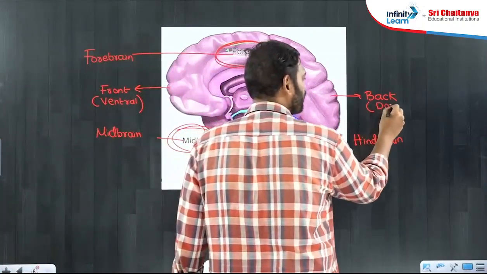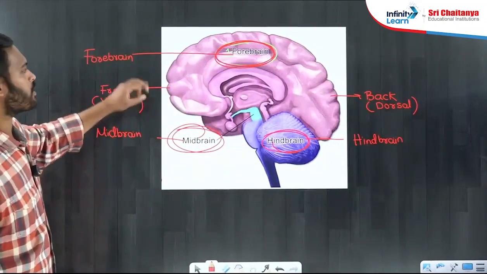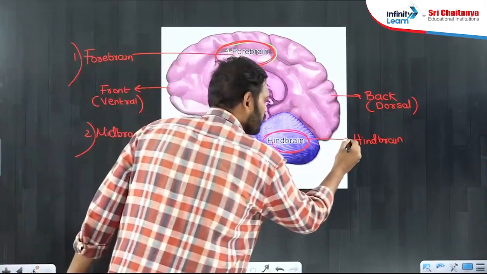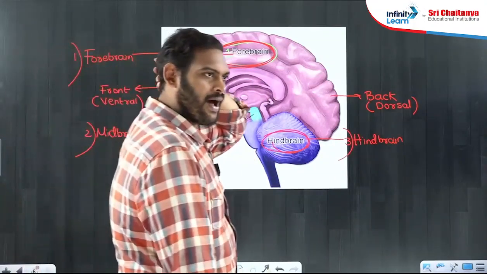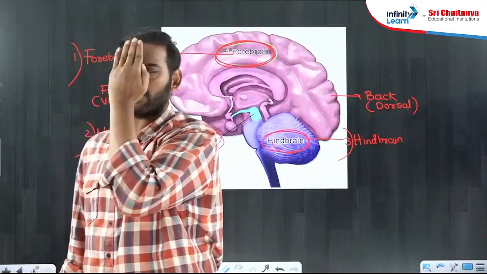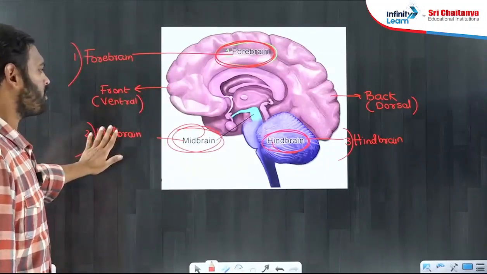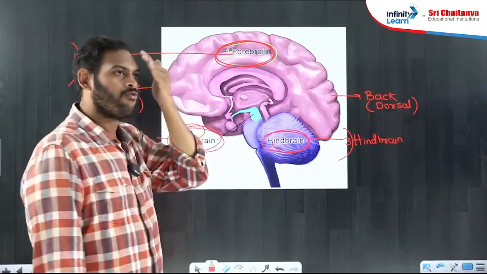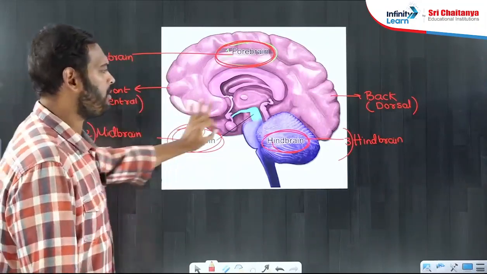Dorsal. Okay, so 3 parts: forebrain, midbrain, and hindbrain. This is back, dorsal. This is front, ventral. Here you can see hindbrain inside this part. Forebrain is here almost. Okay, 3 parts: forebrain, midbrain, hindbrain.